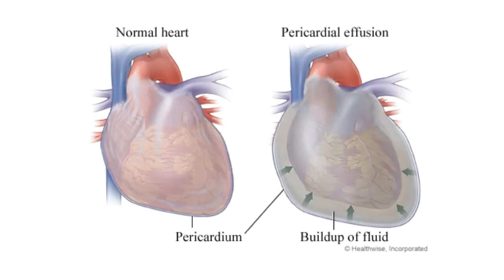A pericardial effusion is an accumulation of fluid in the pericardial cavity. By redistributing the forces around the heart, the pericardium plays a big role in the concept of ventricular interdependence, where changes in pressure, volume, and function in one ventricle influence the function of the other.